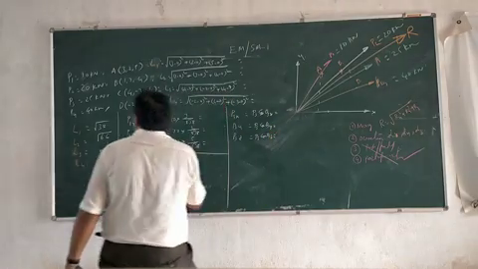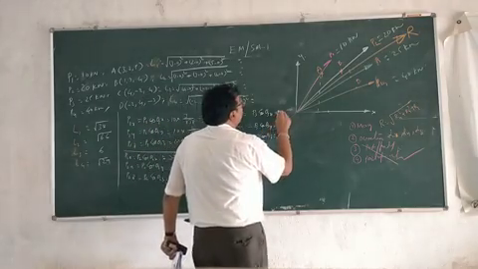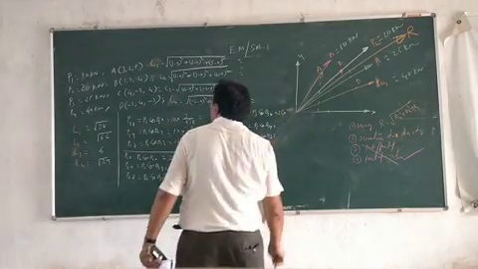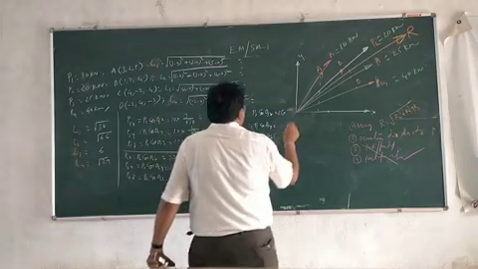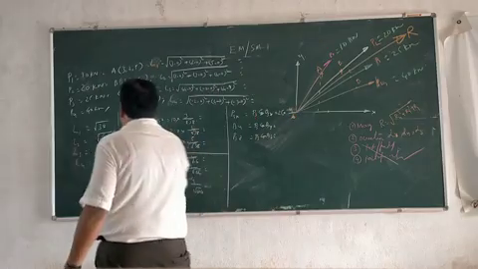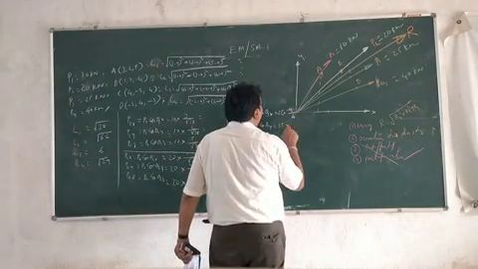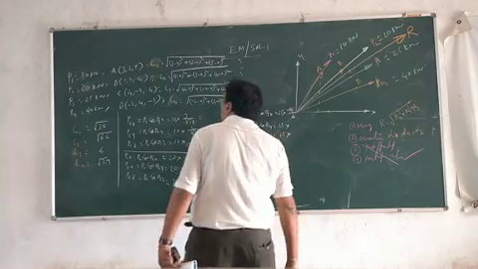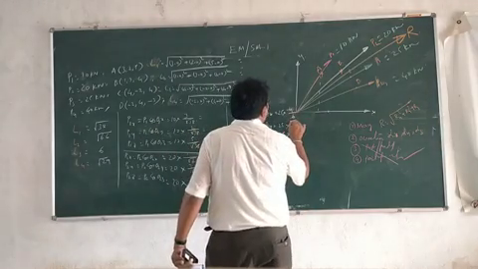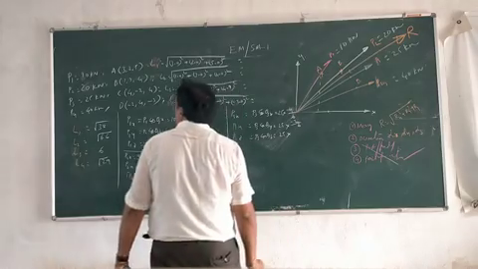P3 is 25. So 25 into 4 by 6, 25 into minus 2 by 6, and 25 into 4 by 6.